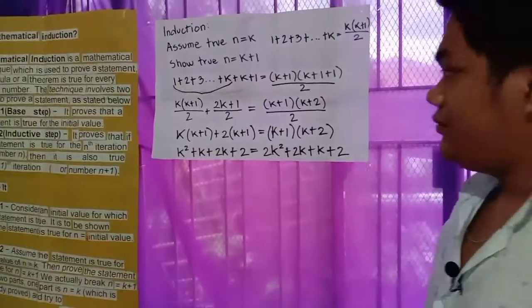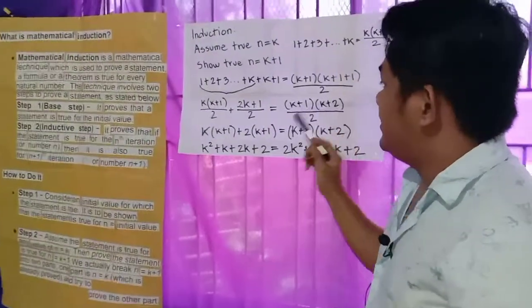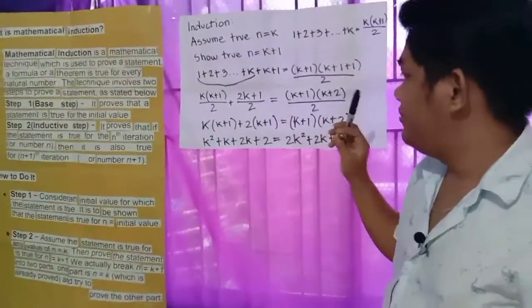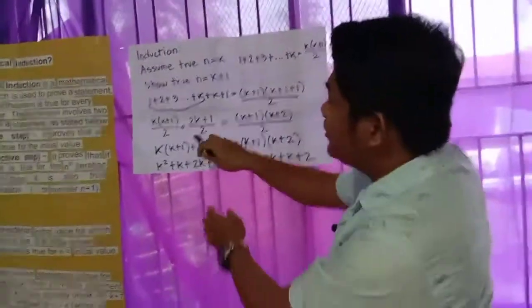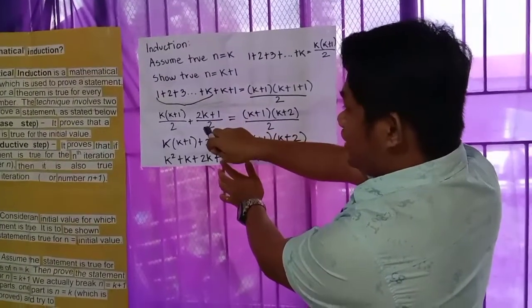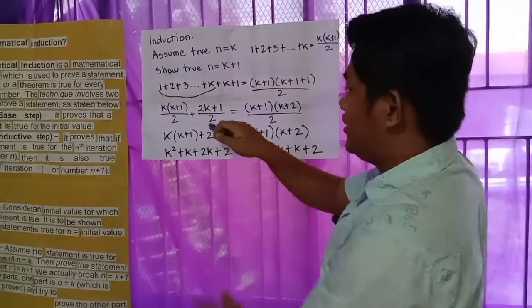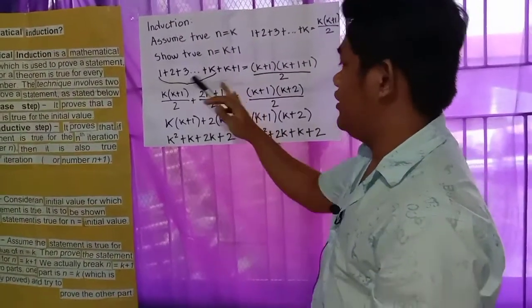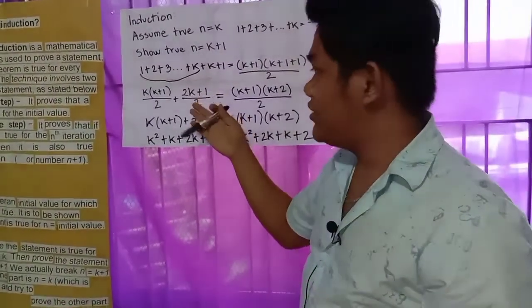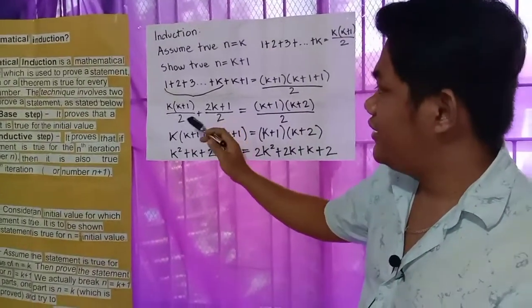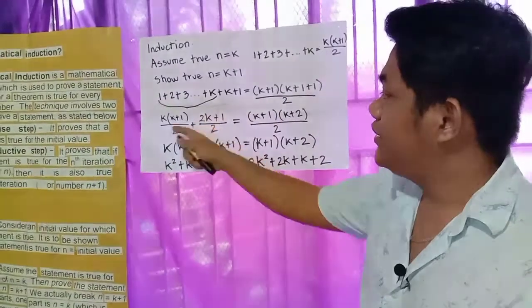So, next. Since the denominator is 2, the same denominator, I assume the denominator here is 2 to 2 so that they cancel out. So, next is k. Don't mind the denominator.